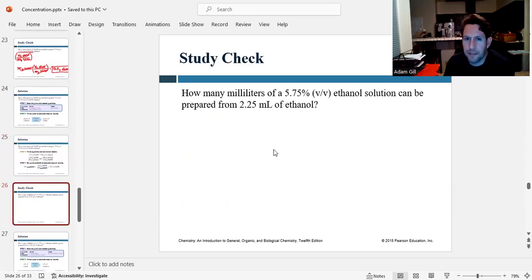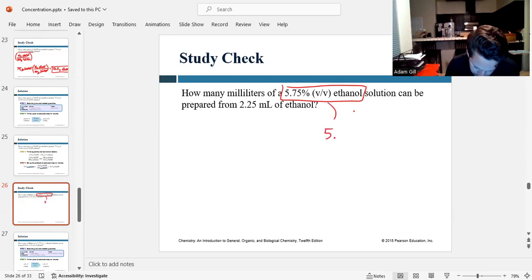Let's do another practice. How many milliliters of a 5.75% V over V ethanol solution can be prepared from 2.25 milliliters of ethanol? So let's take our concentration and express it as a fraction. This is 5.75 over 100.